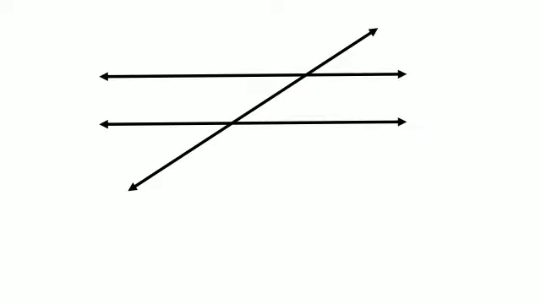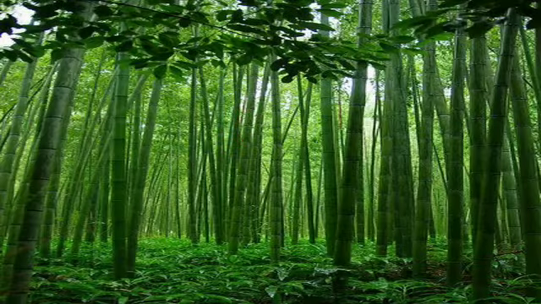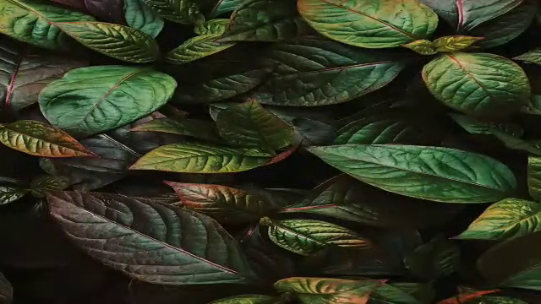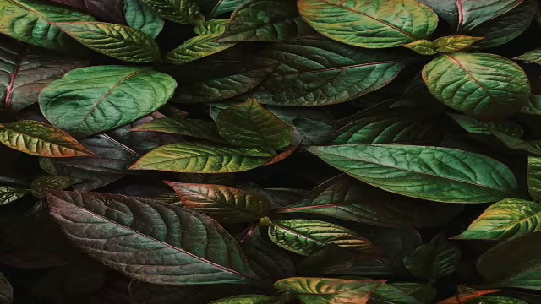Now, do we find examples of a transversal cutting two parallel lines? Take a look at this picture of a tree trunk. This tree represents approximately straight parallel lines cut by another tree trunk, which represents a transversal. Okay, now take another example. You can see there are many leaves, and these leaves have multiple parallel lines represented by leaf veins.